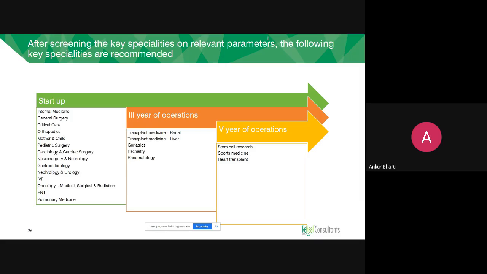But then many of the doctor interviews also indicated that there are certain specialties which have to be there from the first day, because that would become a differentiator for such a large hospital. Otherwise, people will not be able to differentiate this hospital from the existing hospitals, especially Mata Vaishno Devi Hospital.